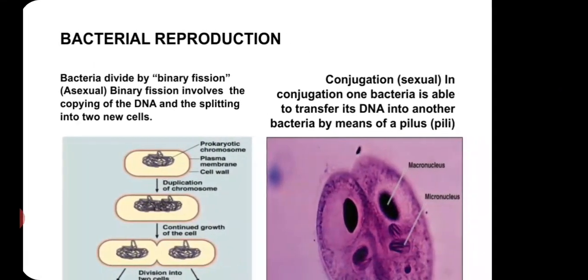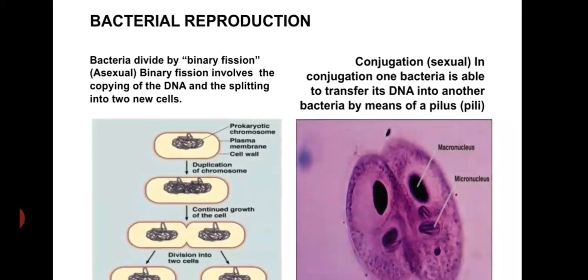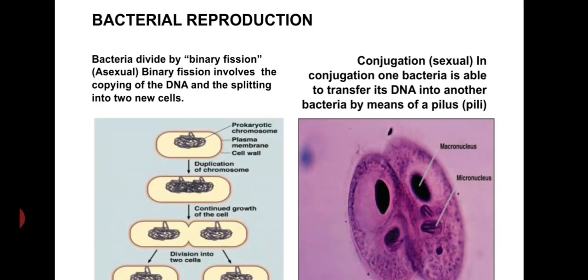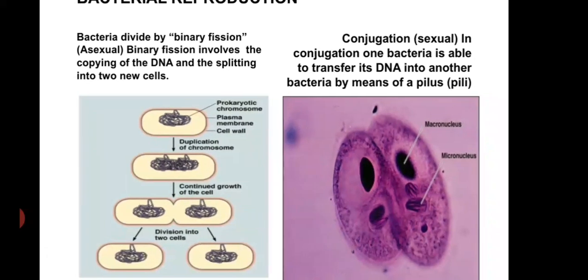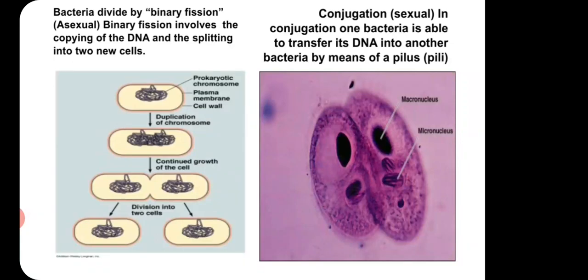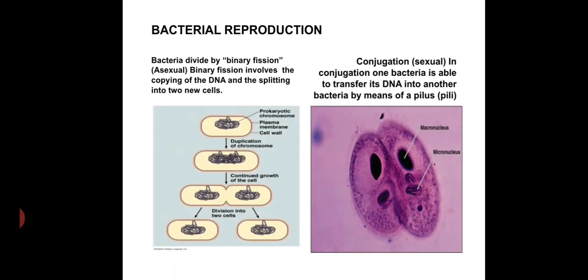Bacteria divide asexually by binary fission, which involves copying the DNA and splitting one parent cell into two new daughter cells. In conjugation or sexual reproduction, one bacterium is able to transfer its DNA into another by means of a pilus. The figure shows conjugation or sexual reproduction in bacteria and asexual reproduction by binary fission.